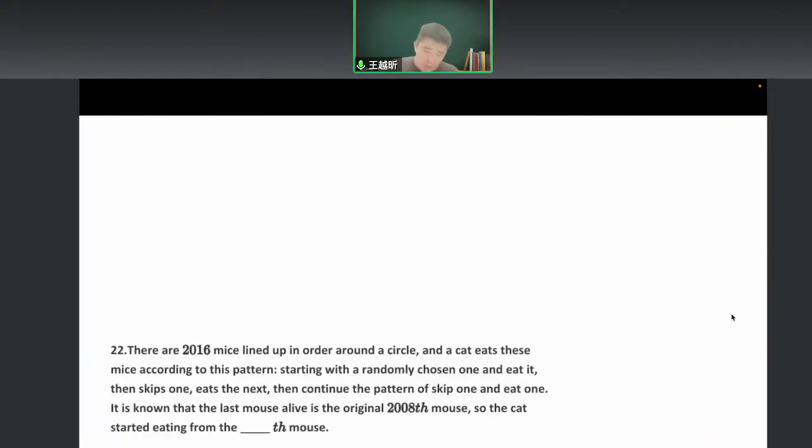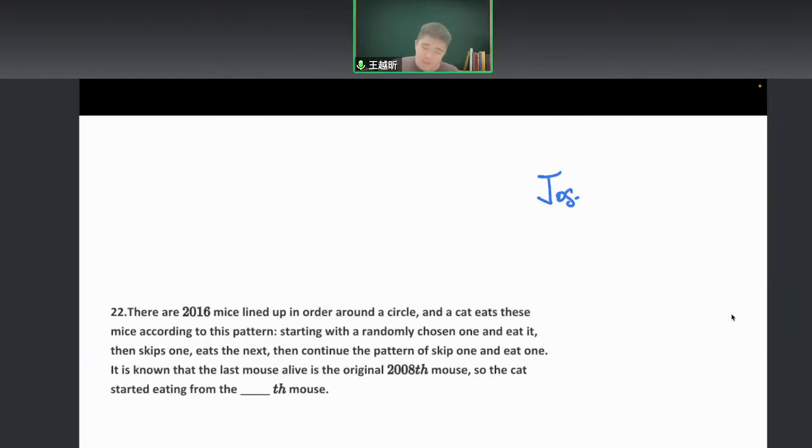Okay, question 22 is the Joseph problem, the Joseph killing problem. For this problem, we have a cat that starts eating the mice. We start with the easy one. Let's say 1, 2, 1, 2, 1, 2. According to the rule, the cat will eat all the ones.